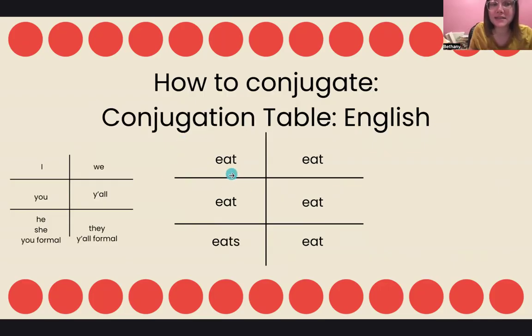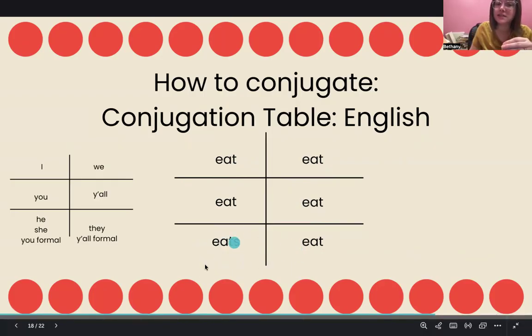It's I eat, you eat, he eats, she eats, you formal eats, which doesn't really fly in English, but whatever, we eat, y'all eat, they eat. Except for the third person singular box, all of them are eat. The only one that changes is eats.